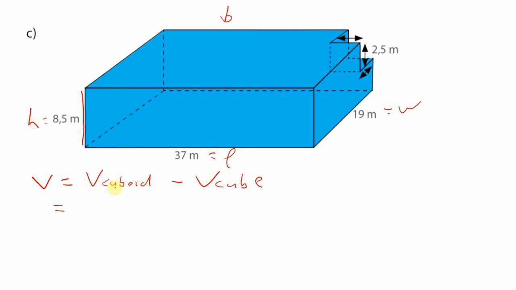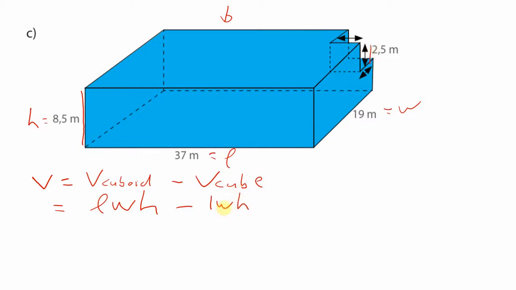Okay, now we know we first need to take the area of the base, so we have length times width, and then we still have to multiply by the perpendicular height, so it's the height minus for the cube, the small cube, we have the area is the length times the width, that's the area of the base, and then we still have the height, the perpendicular height.